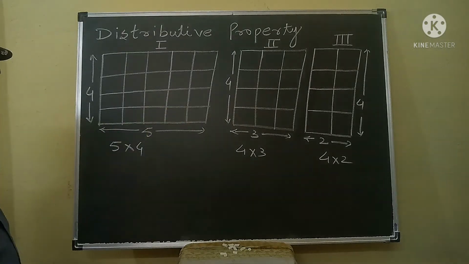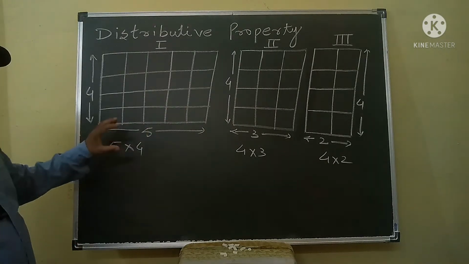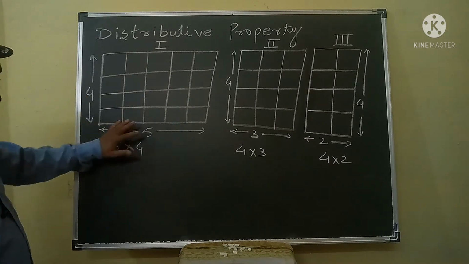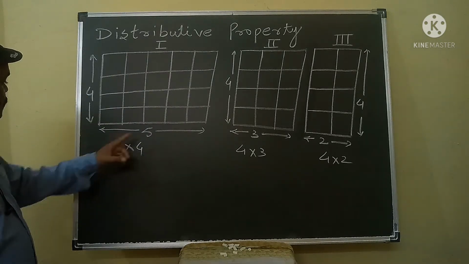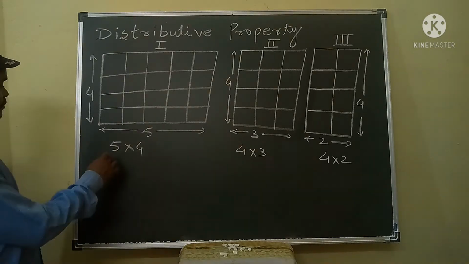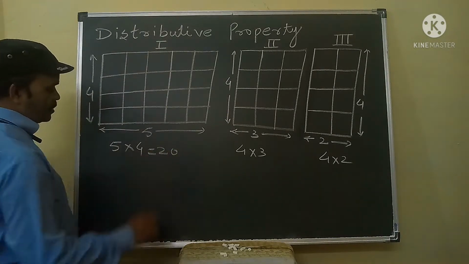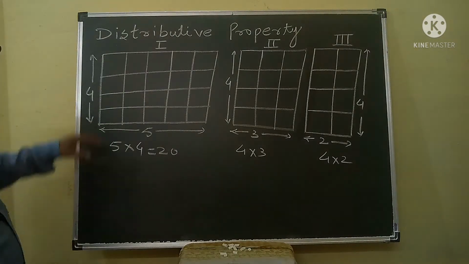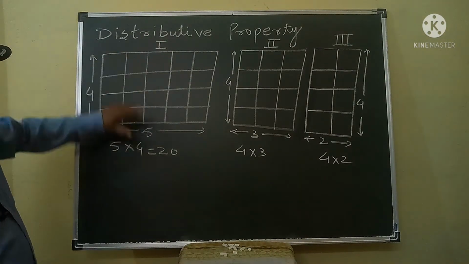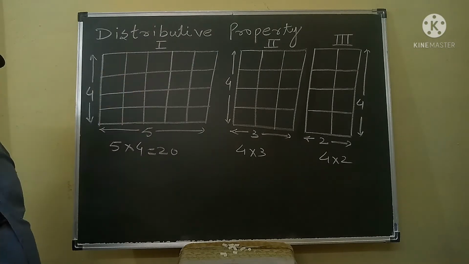Then it is very easy to count: 4 times 5 or 5 times 4, both are the same, 20. That means this block has 20 squares.